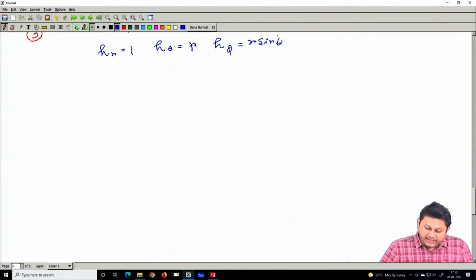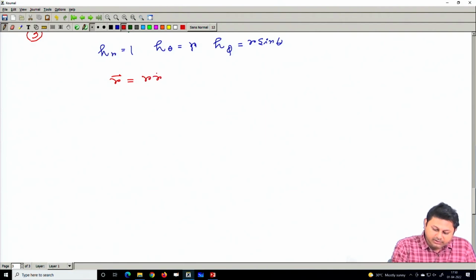So, the position vector, if I want to express, it should be simply r unit vector.